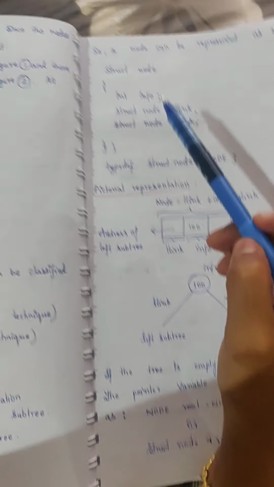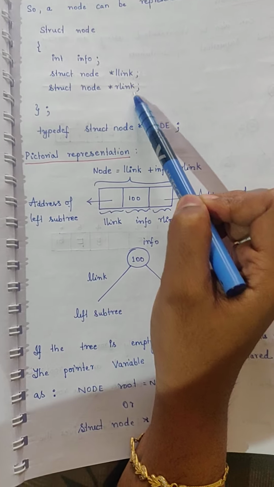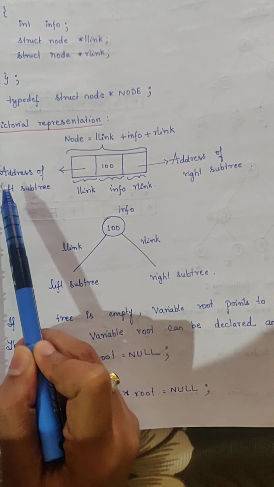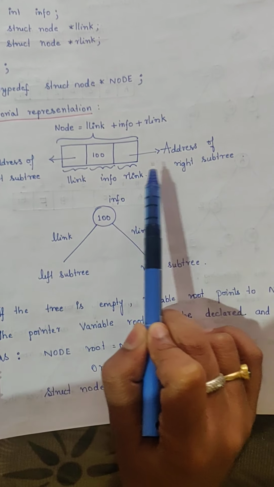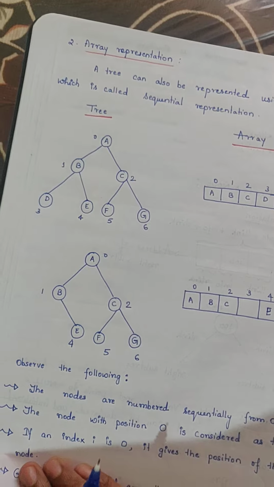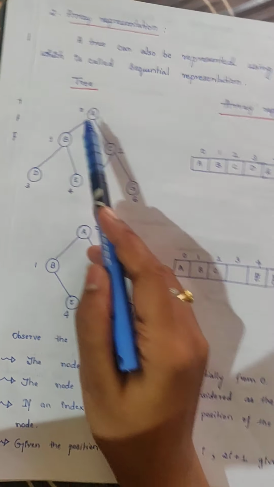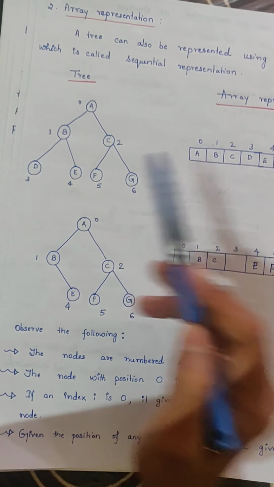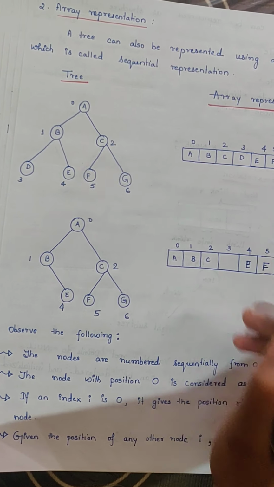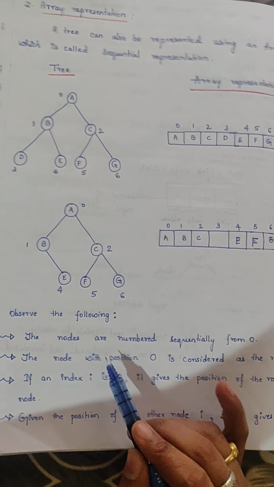As I told you, in the linked representation, 2 links we are managing, that is L link and R link. L link will have the address of left subtree and the R link will have the address of right subtree. This is how we are defining in the linked representation. For the array representation, you are very familiar with arrays. I have given the detailed explanation which you can go through.